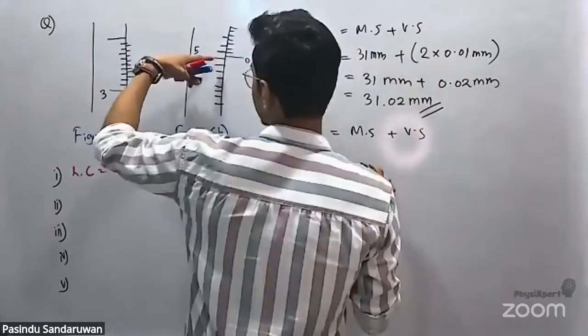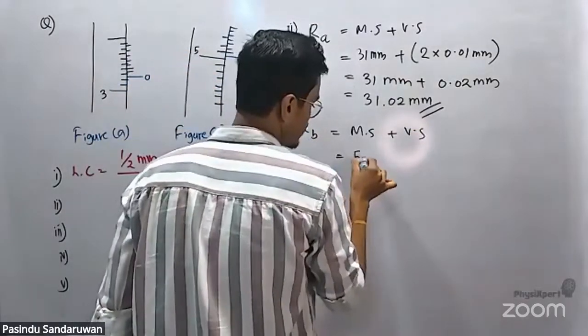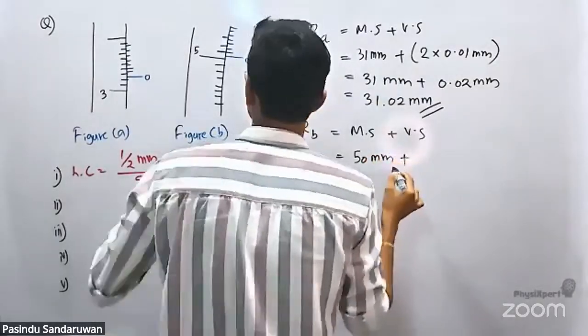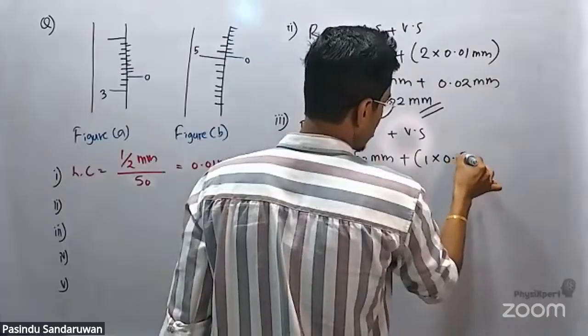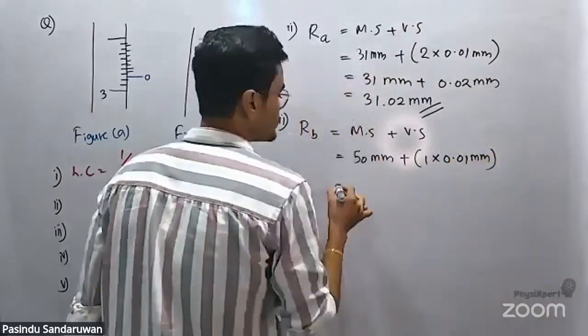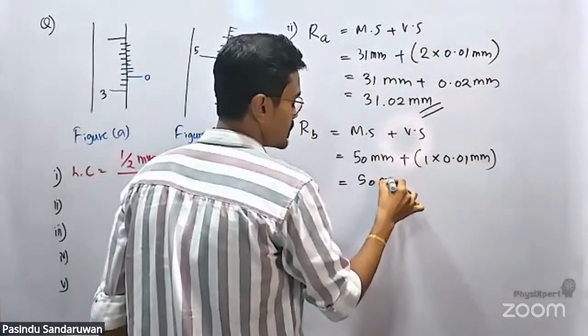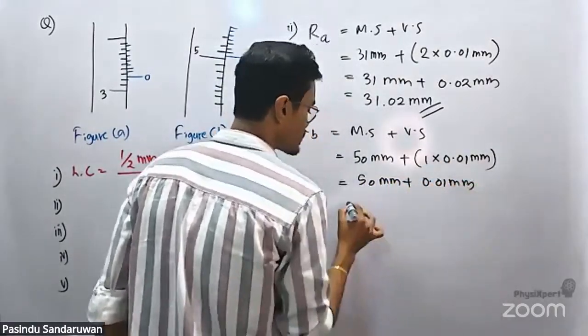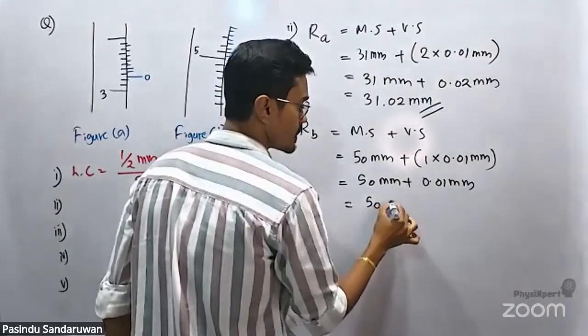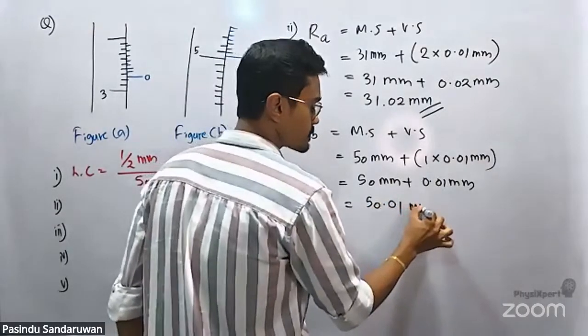Main scale is 50, only 50 millimeters is completed. Plus from the vernier scale, the first division itself is coincided, so 0.01 millimeters. Then 50 millimeters plus 0.01 millimeters is 50.01 millimeters.